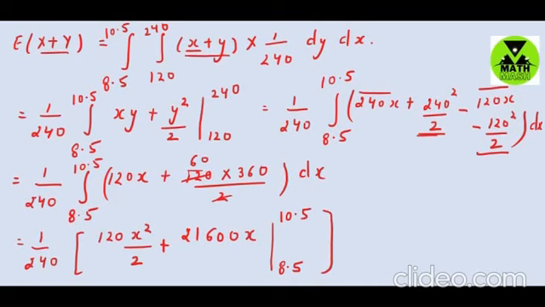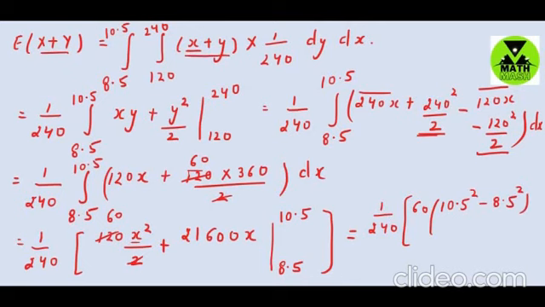Then when we substitute x equals 8.5 to 10.5, this is equal to 1 by 240 as it is. Here x equals 10.5, and when we substitute x equals 8.5, 120 by 2 is 60 only. So we can write this as 60 times 10.5 square minus 8.5 square. So one term is this one.